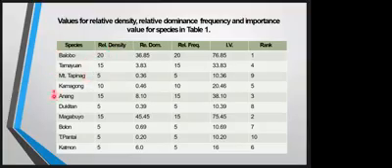So you'll be able to know, if you can, you can practice on the table by computing the relative density and the relative dominance of the species, since the particular values of these species were already indicated. So compute the relative density and relative dominance for practice. So okay.